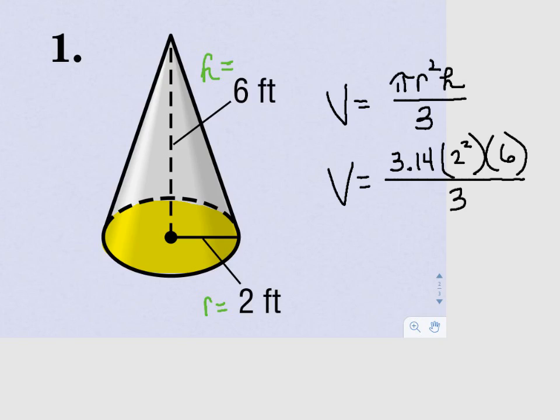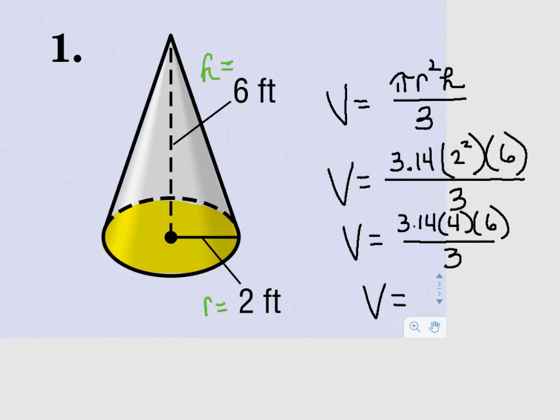Let's recall that you must follow order of operations as you work these formulas out. So, volume equals 3.14 times 4 times 6 divided by 3. Let's go ahead and multiply. You may use a calculator for this.